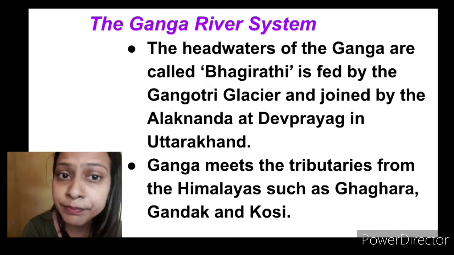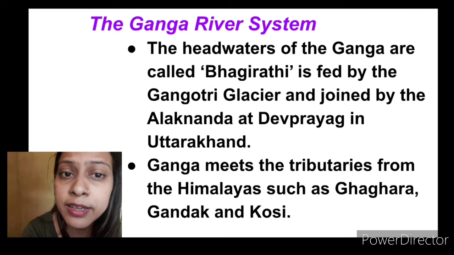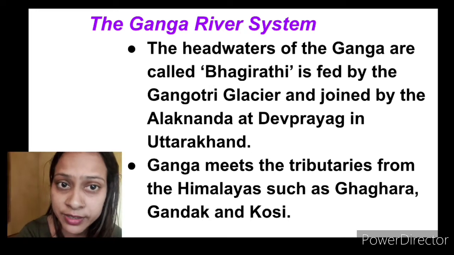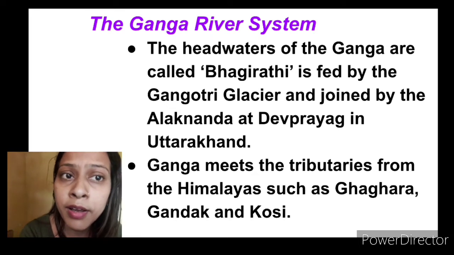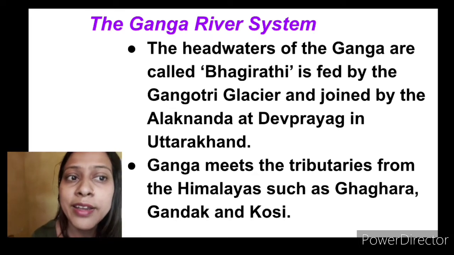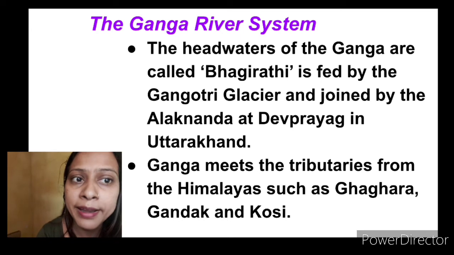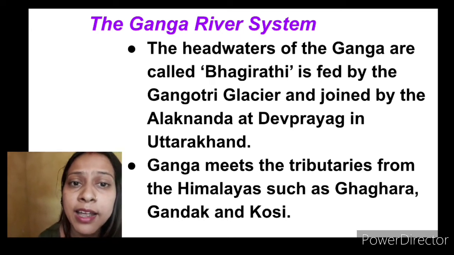Okay, and then another question is from which glacier does the river Ganga or Bhagirathi originate? It is from the Gangotri Glacier. Then Ganga meets tributaries from the Himalayas such as Ghagra, Gandak, and Koshi.